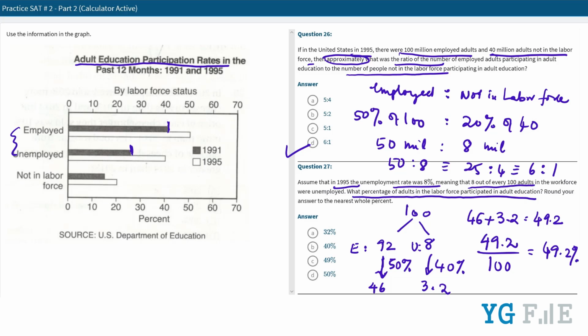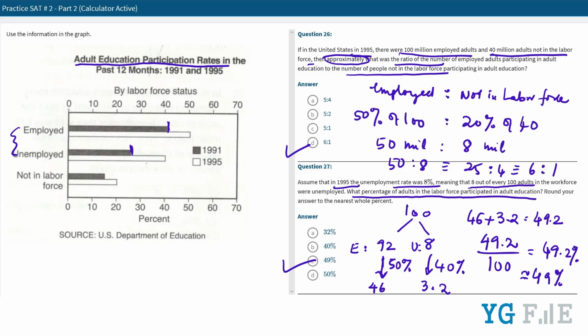But since we have to round to the nearest percentage, this becomes 49%. We need to be very careful that this is not 50, because when we round 49.2 it becomes 49, not 50. Anything 0.5 and above rounds to the next highest integer, which is 50. So the correct answer is option C, not D.